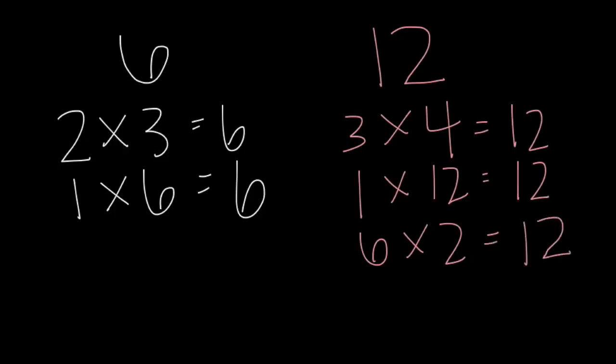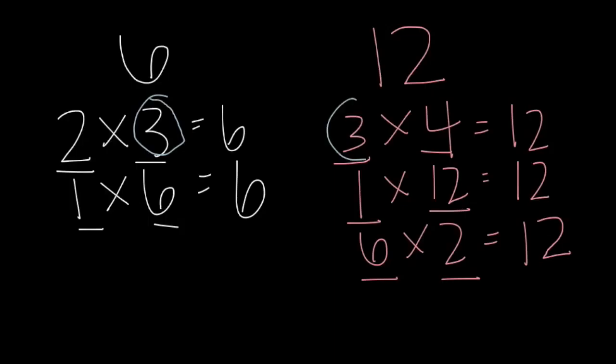If we look at all of our factors, which for 6 are 2, 3, 1, and 6, and for 12 are 3, 4, 1, 12, 6, and 2, our common factor would be a factor that both of our numbers, 6 and 12, share. In this example, both of our numbers have a 3, which means a common factor of 6 and 12 is 3.